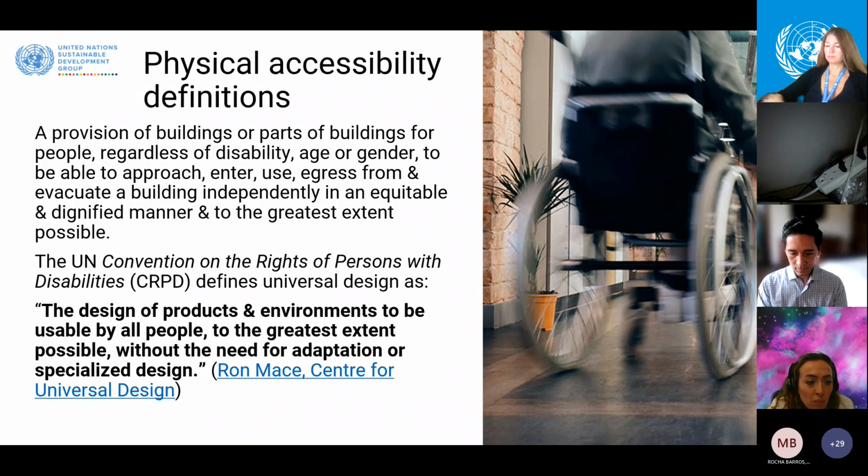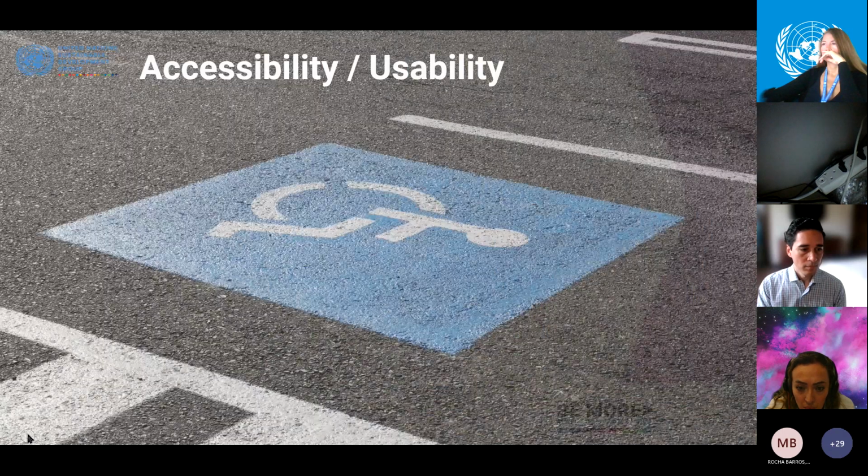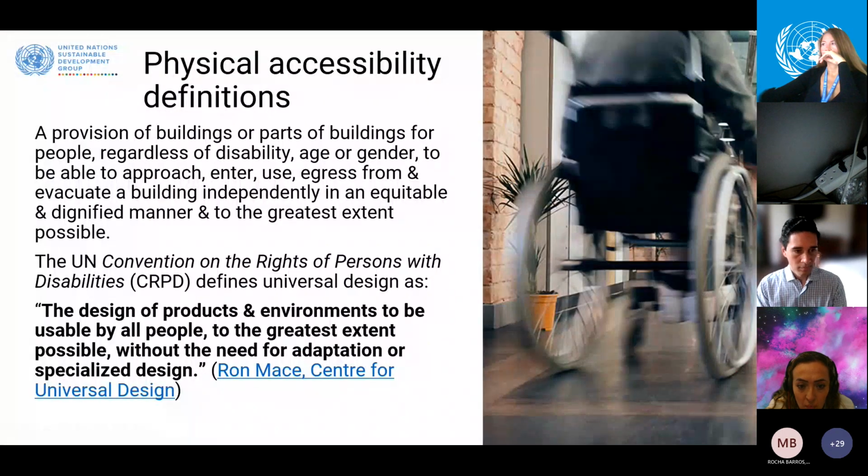As for the CRPD, it addresses accessibility in Article 9, and the CRPD sets the policies for state parties and private entities to provide laws and regulations for persons with disabilities to be able to access and use public and private facilities, and also to secure reasonable accommodation for them.